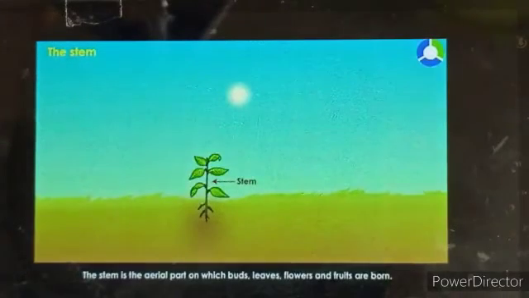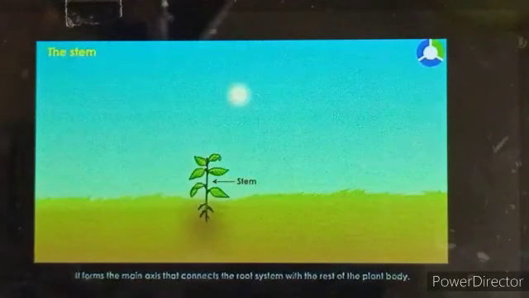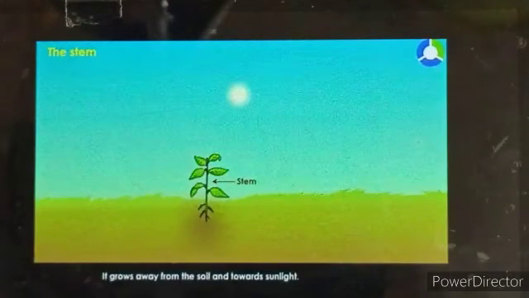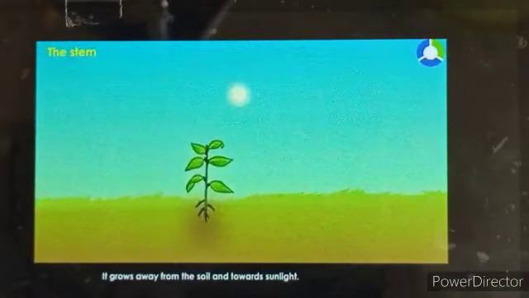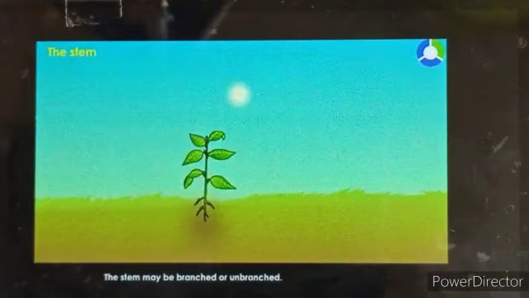The stem is the aerial part on which buds, leaves, flowers and fruits are borne. It forms the main axis that connects the root system with the rest of the plant body. It grows away from the soil and towards sunlight. The stem may be branched or unbranched.